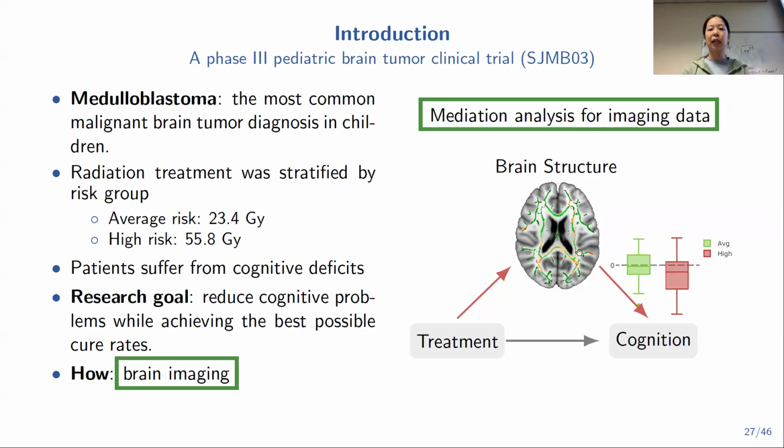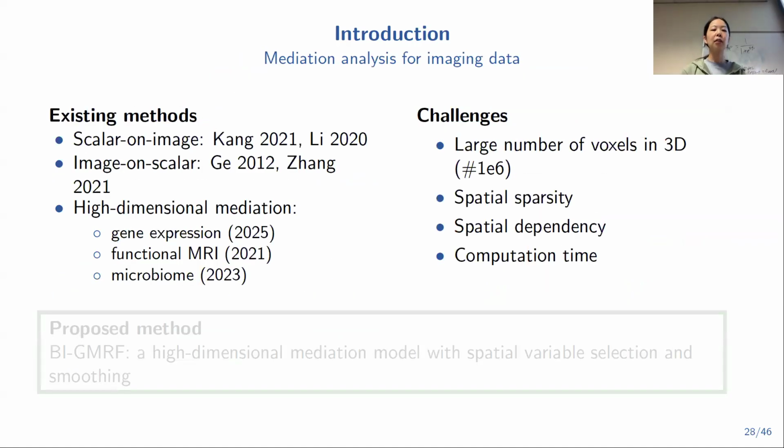The only thing is we really have a high dimensional mediator, which is the 3D brain image. There is some existing work: analysis on either pathway, either treatment on brain or brain on outcome. There are also some high dimensional mediation methods available, but they're not really tailored for this case. In our case, the dimension is really high because the resolution of neuroimaging has improved so much.